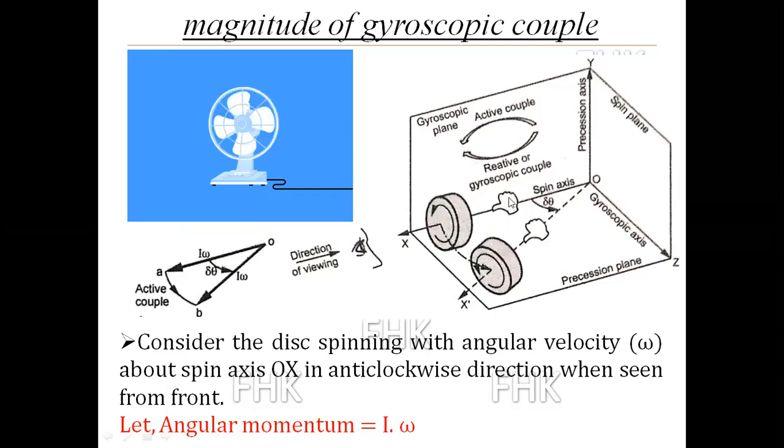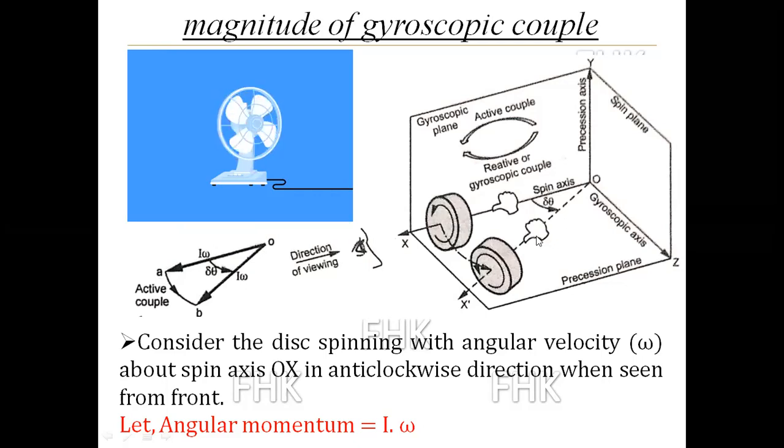The thumb shows the direction of vector OA, from right to left, from O to X. So the arrow shows from O to A, not from A to O.